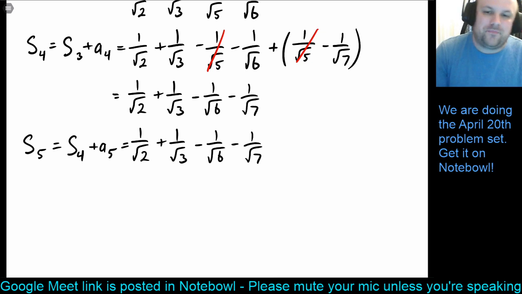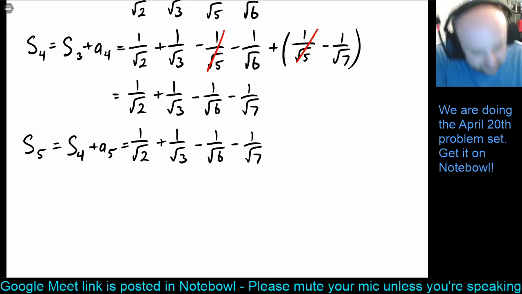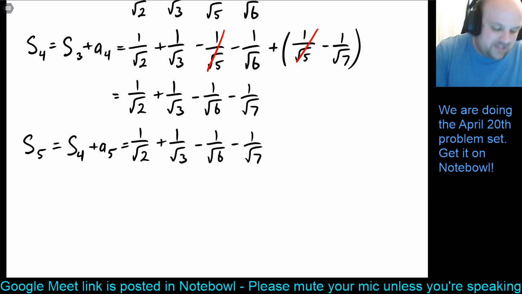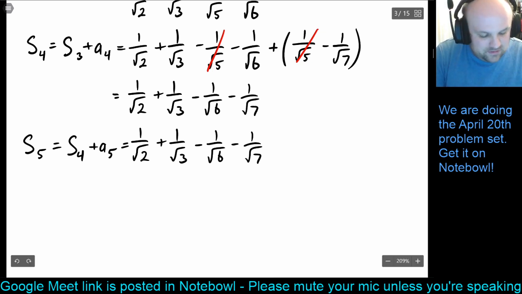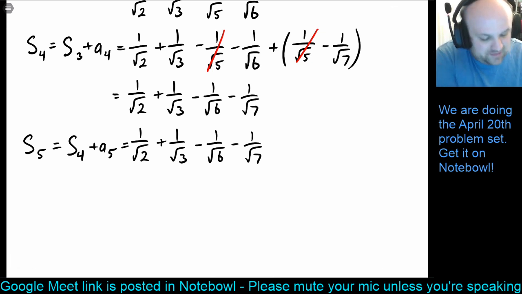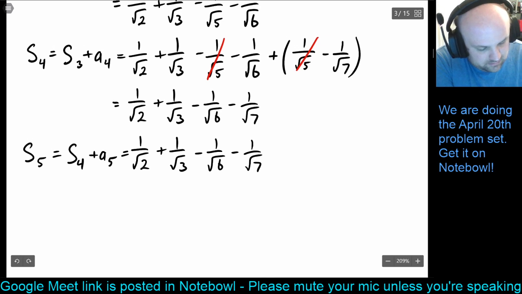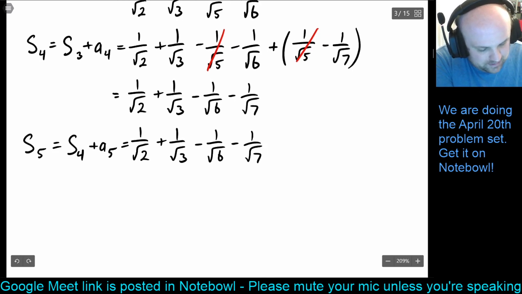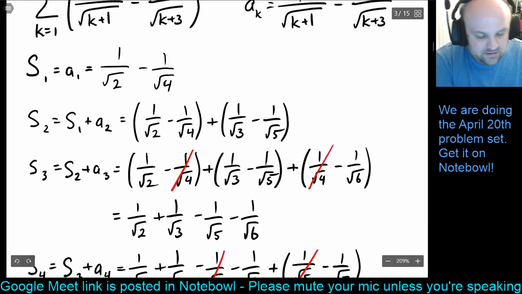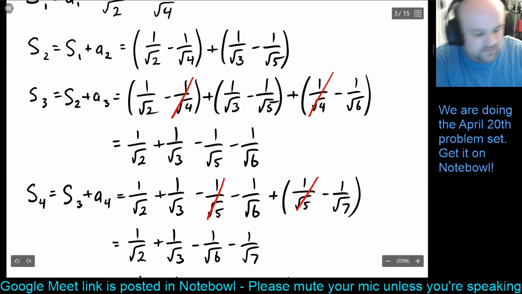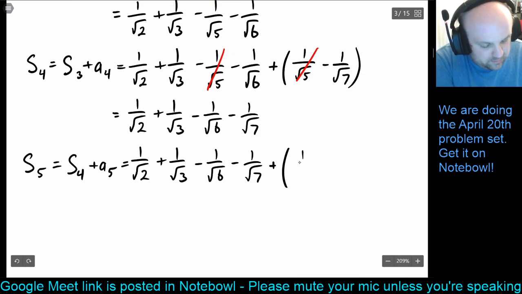Okay. So, where were we? Computing S5. All right, so here's S4. Let's compute S5 now. When we plug in 5 to this, we're going to get 1 over square root of 6 minus 1 over square root of 8.